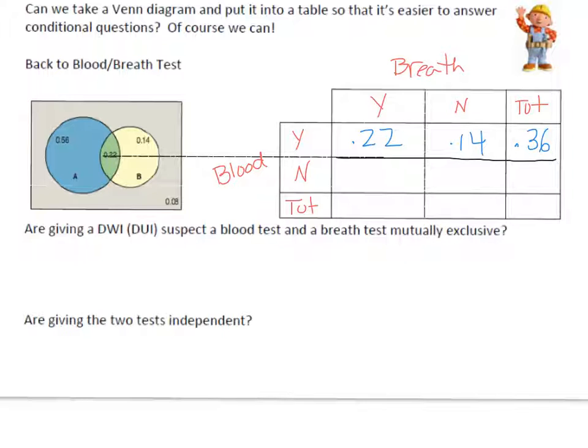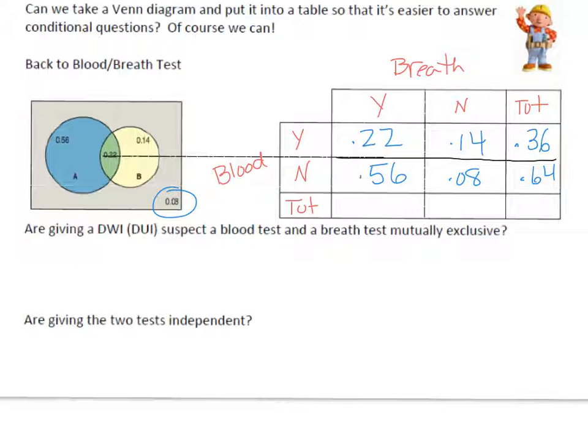So the 0.36 total had the blood test, and then how they varied within the breath test segment. The next one down, those people that had a breath but did not have a blood test, would be 0.56. Those people who had neither of the tests, no and no, would be this piece on the outside, the 0.08, for a total of 0.64.